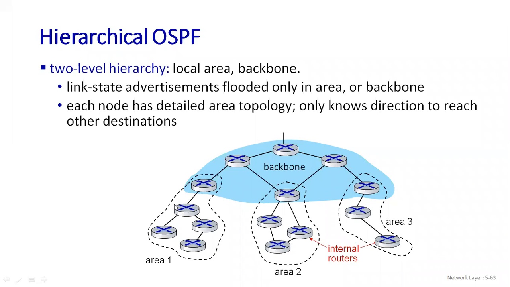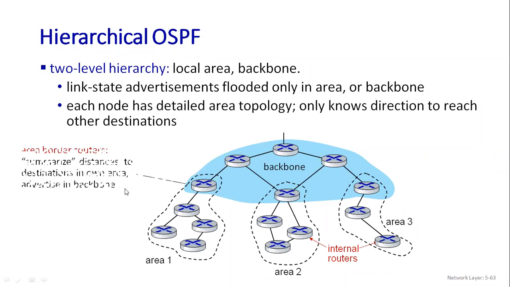Each node will use the area topology if it knows the directions in which to send the packets. So this is hierarchical OSPF, where it can send all the packets in a tree structure manner to all the nodes.